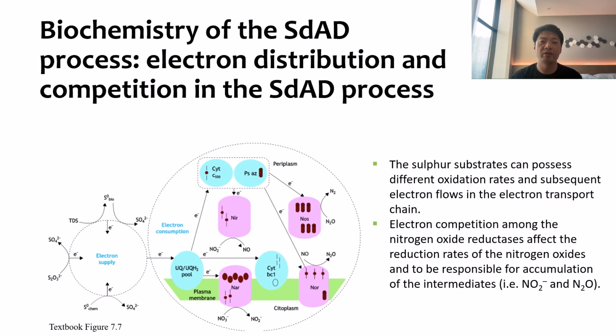If we link the sulfur cycle and the nitrogen cycle together, we can find sulfur substrates can possess different oxidation rates and subsequent electron flows in the electron transport chain. Electron competition among the nitrogen oxide reductases affects the reduction rates of the nitrogen oxides and is responsible for accumulation of the intermediates, such as nitrite and nitrous oxide.